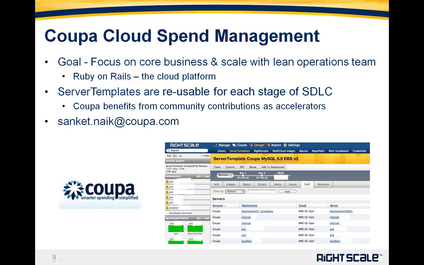We use monitoring and alerting that was just talked about to page out our on-call team based on different triggers. We use the collectd-based monitoring graphs to rapidly triage and troubleshoot when there are issues. We also use the RightScale array to scale out and scale down automatically based on demand.